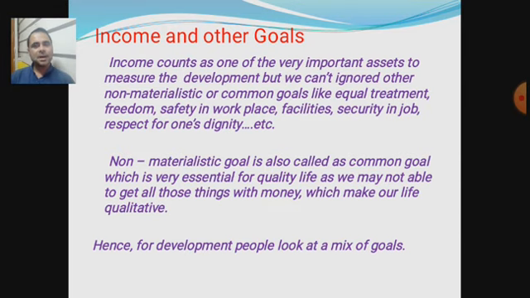But if you are rejected in society, if you don't enjoy equal dignity, if you are subject to discrimination, then do you live a prosperous life? Do you live a quality life? Of course not. Think in a simple manner.